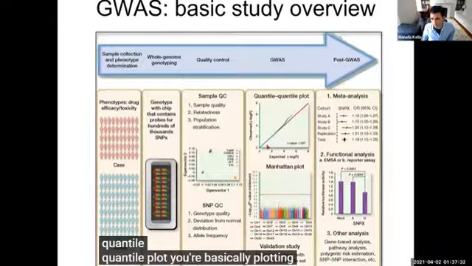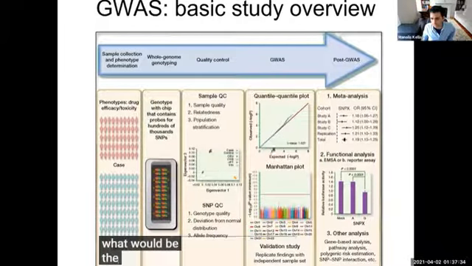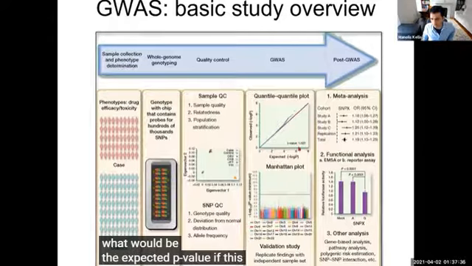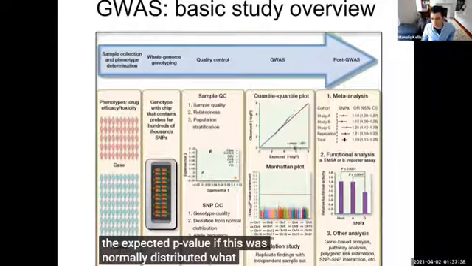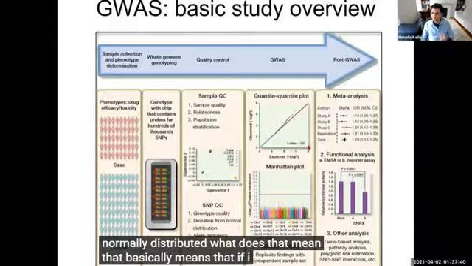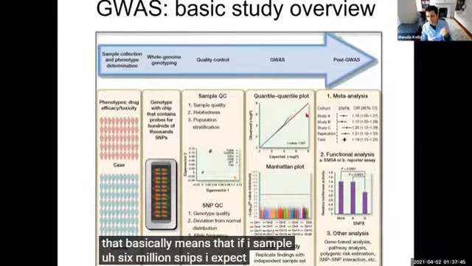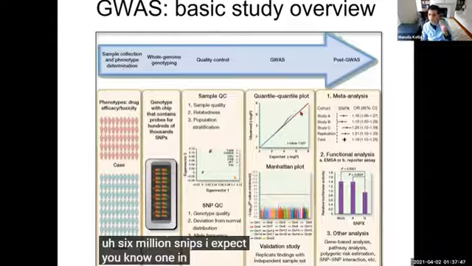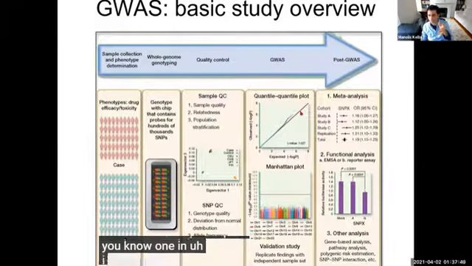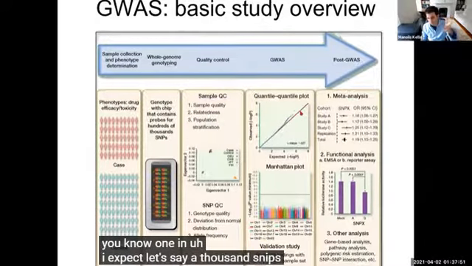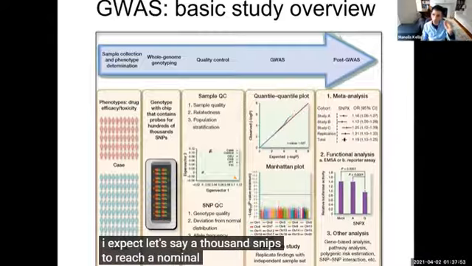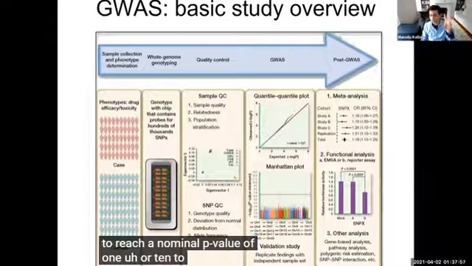You're basically plotting what would be the expected p-value if this was normally distributed. What does that mean? That basically means that if I sample 6 million SNPs, I expect, let's say, 1,000 SNPs to reach a nominal p-value of 10 to the minus 3.